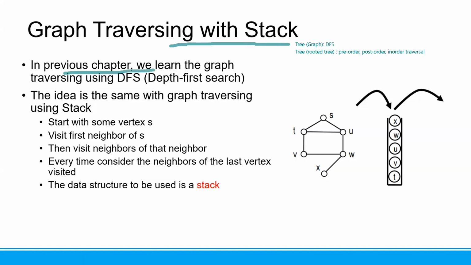So in the previous chapter, we learned the graph traversing using DFS, depth first search. The idea is graph traversing using stack. Yeah, the idea is something like this one. You know the stack, right?